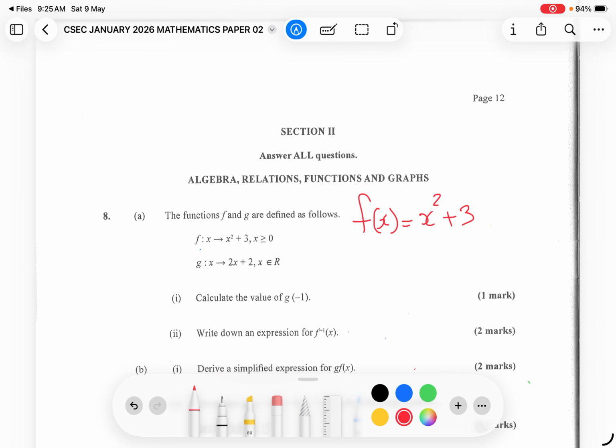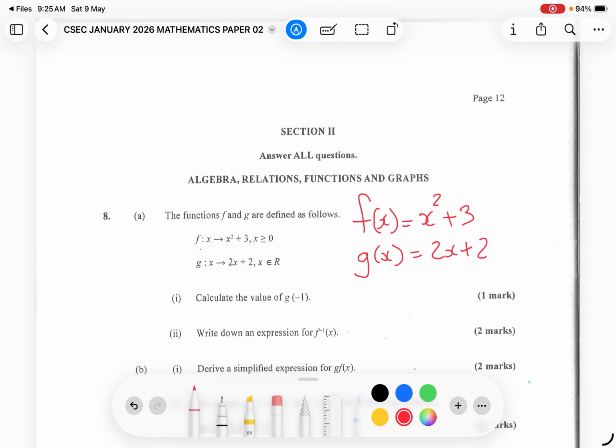In the f function. And then in the g function that you generally see is g of x in bracket there, is equal to 2x plus 2, where x is an element of real numbers. That means that x is any real number, whether or not it is a positive number, negative number, whole number, decimal, fraction.